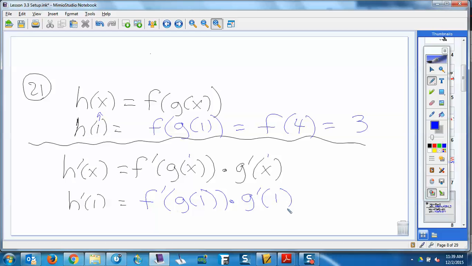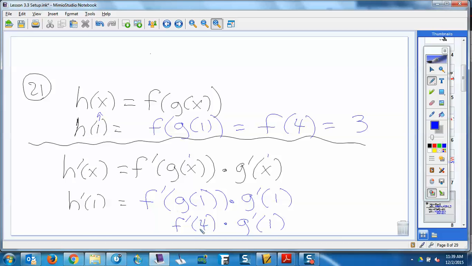These are especially favorite problems of the AP testers, right? These kinds of things where your calculator doesn't really help you, where you really have to think through the process. Okay, so what's G of 1? We just said that. That was 4. So then this becomes F prime of 4, and then this is G prime of 1.